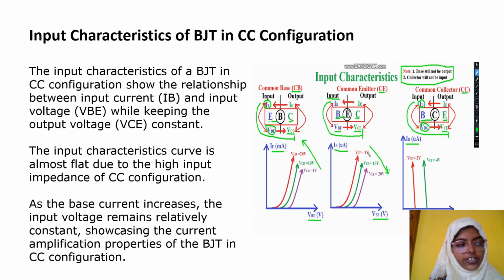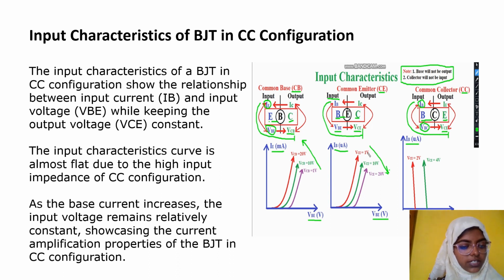The input characteristics of BJT in CC configuration. What are the input characteristics? The input characteristics of BJT in CC configuration show the relationship between input current and input voltage while keeping the output voltage constant. It shows the relationship between input current IB and VBE while keeping VCE constant.